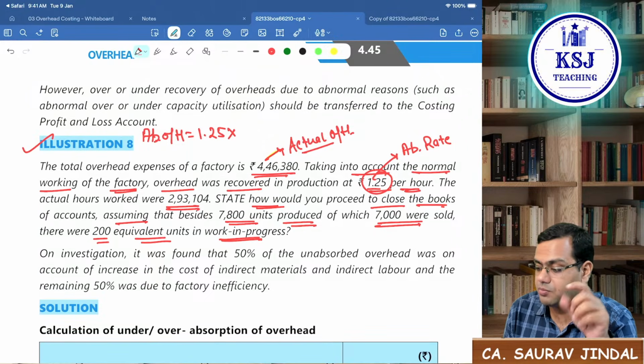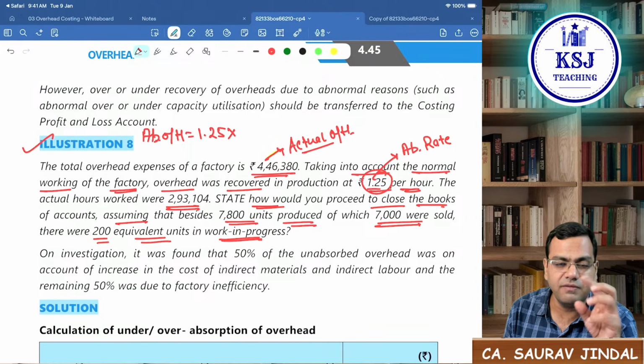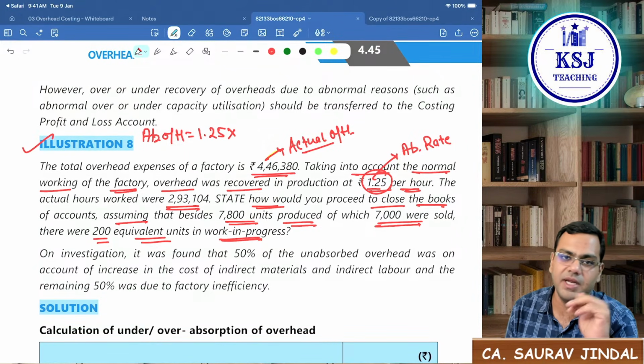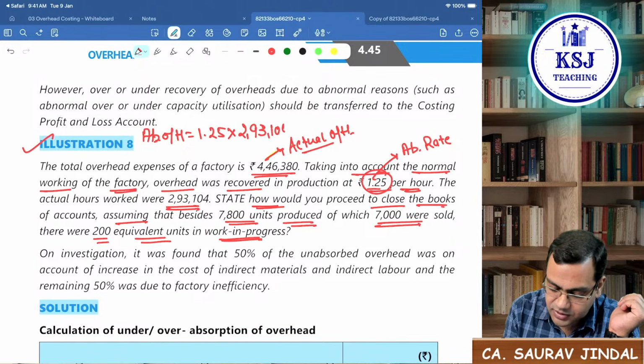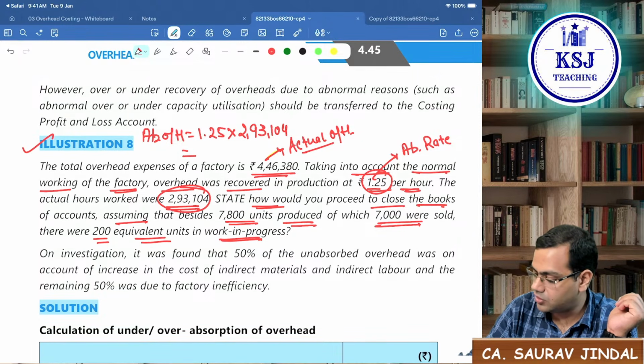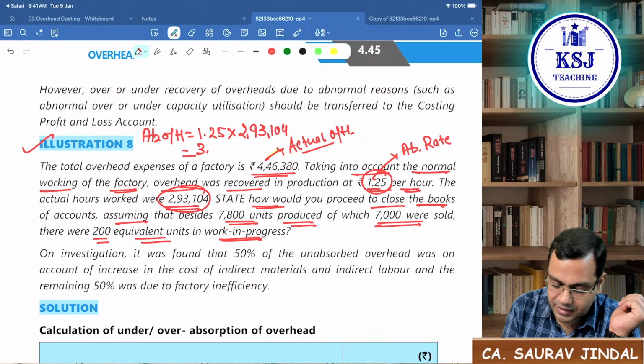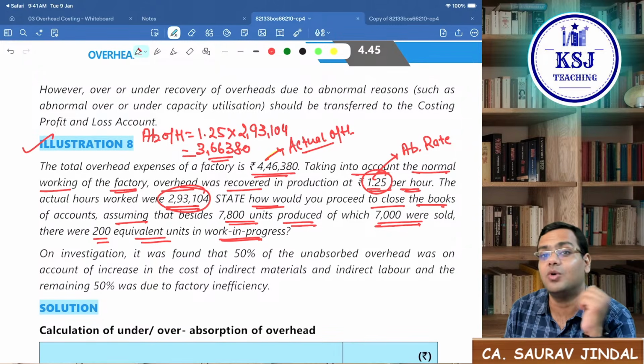For every hour that we are working, 1.25 is the overhead that we will be recovering from the customer. So if we are actually working 2,93,104 hours, what is the cost that you are going to recover? That is 1.25 multiplied by 2,93,104. That will come to 3,66,380. This is your absorbed overheads.